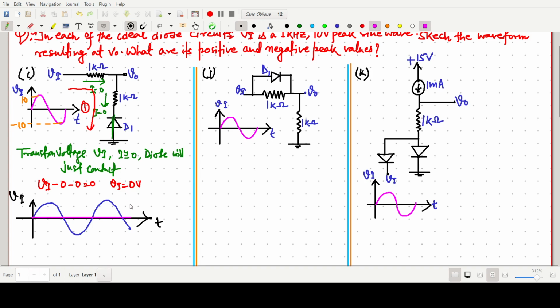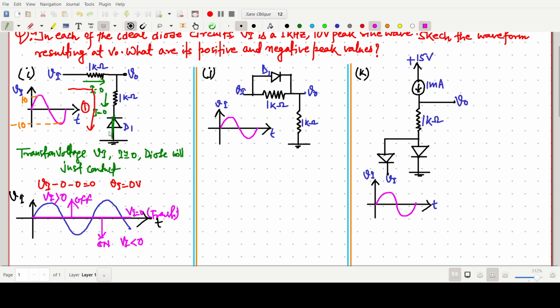Above this, Vi is greater than 0, and the diode will be off. Below this, for Vi less than 0, the diode will be on.